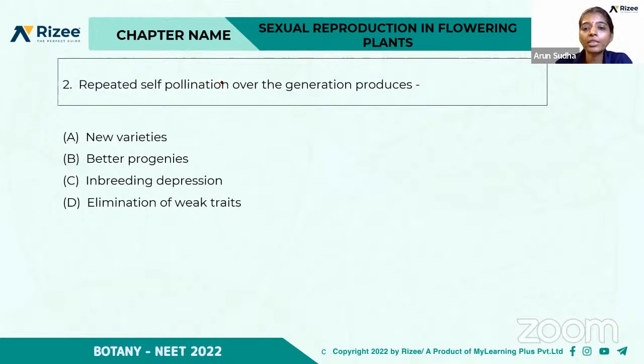Repeated self-pollination over the generation produces new varieties, better progenies, inbreeding depression, elimination of weak traits. So here the correct option is, yes, C is the right answer.